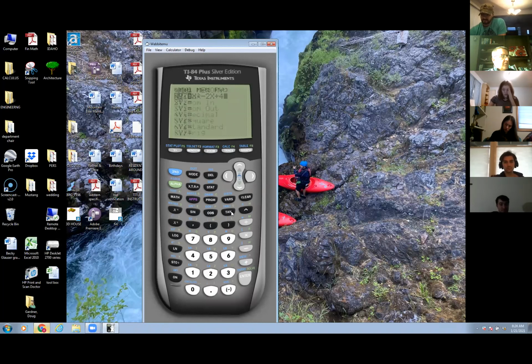I'm going to hit zoom 6 so that I get a standard graph. Hopefully I can see the whole thing. So if I cheat and actually ask it for the answer from -3 to 3, hopefully it agrees with my 42. Again, it's crazy that that comes out exact.